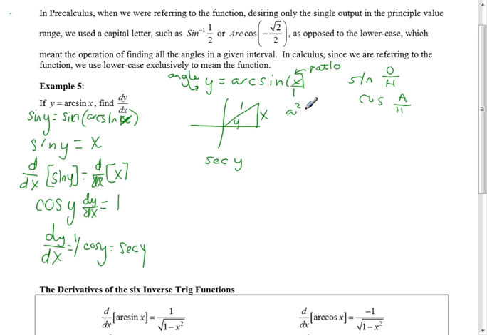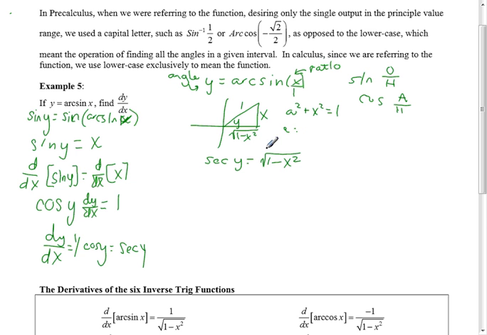a squared plus x squared equals 1 squared. Solving this, we get the square root of 1 minus x squared. Now we can tell the secant of y is adjacent over hypotenuse, which is just the square root of 1 minus x squared.